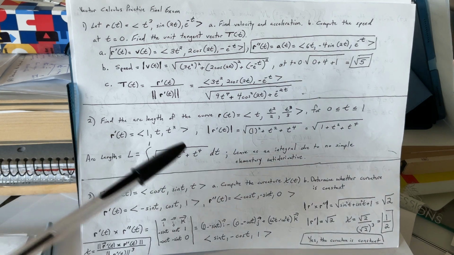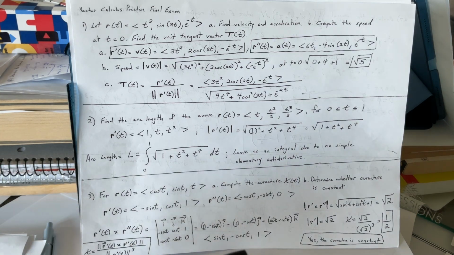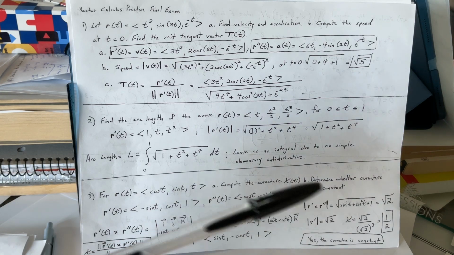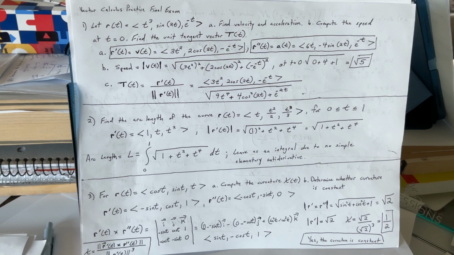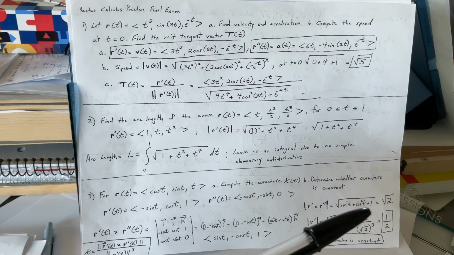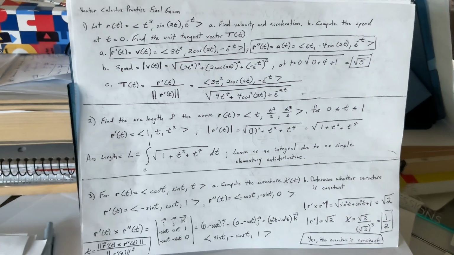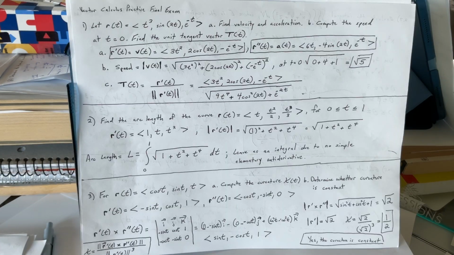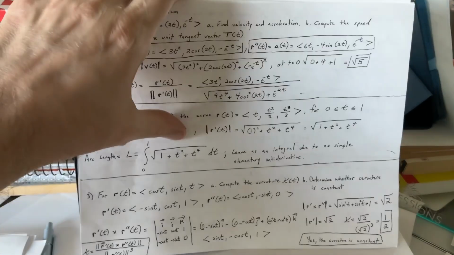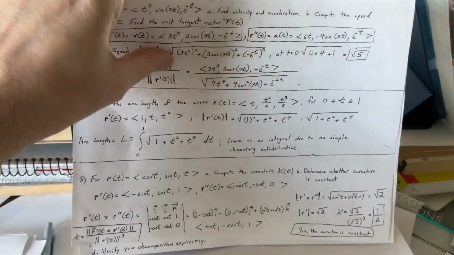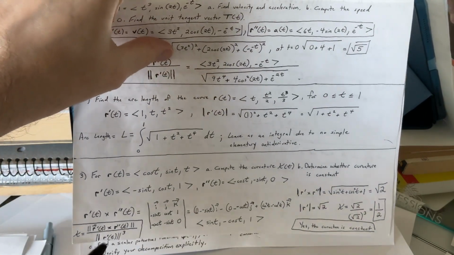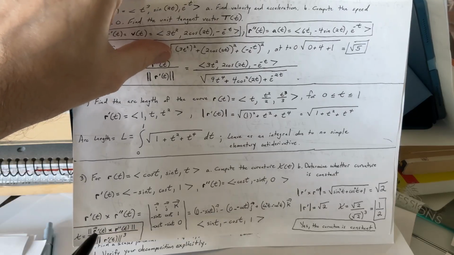Now, what we want to do from there is we take the magnitude of those components squared. And since sine squared plus cosine squared is 1, 1 plus 1 is 2, we get root 2. So the magnitude there is root 2. And if you go back, I wrote this in the lower left-hand corner here. The curvature formula is right here.